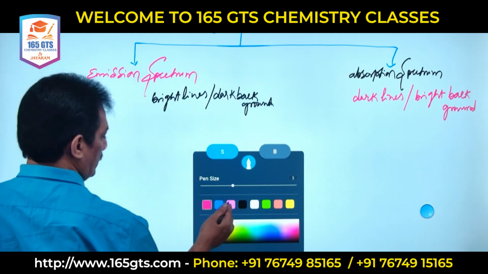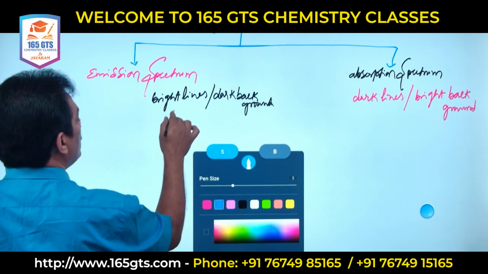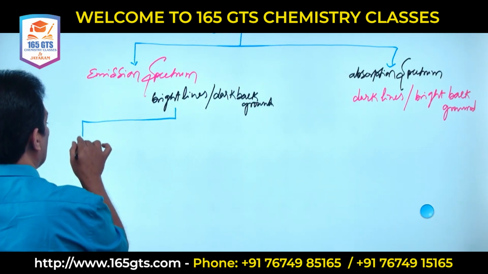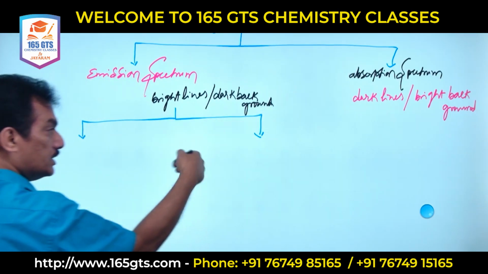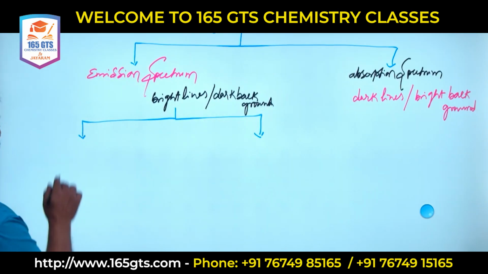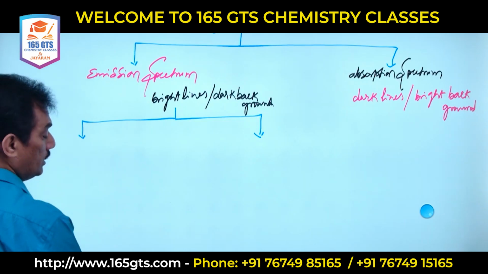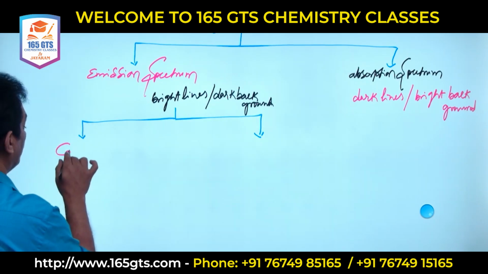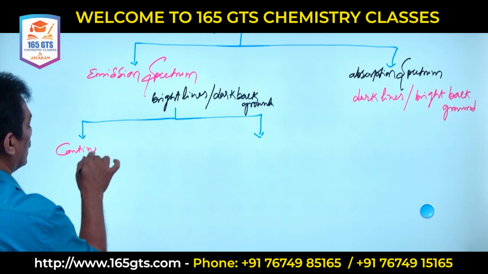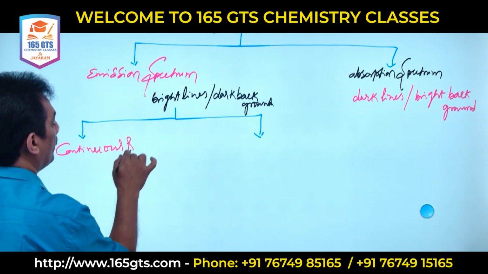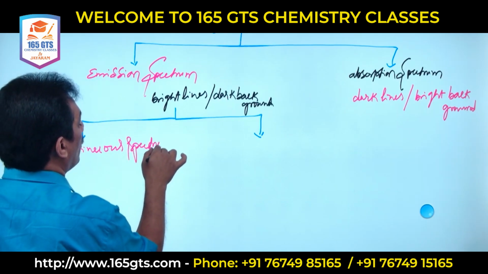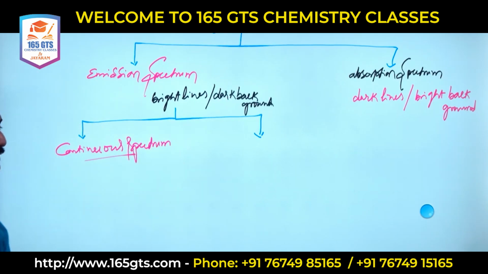Okay? And this emission spectrum is classified into two kinds. Not only emission, the absorption spectrum can also be classified in the same manner. One is the continuous spectrum. That is, all the wavelengths will be present in this.